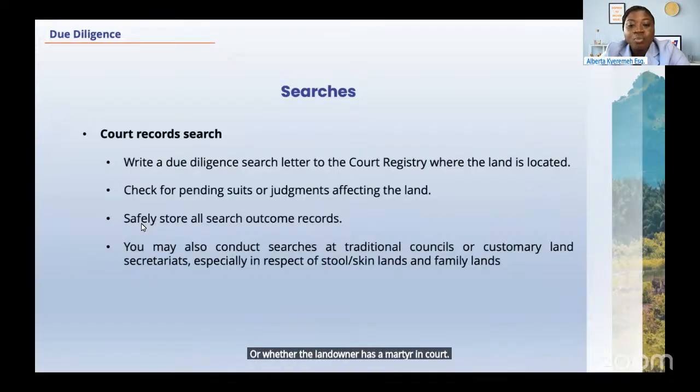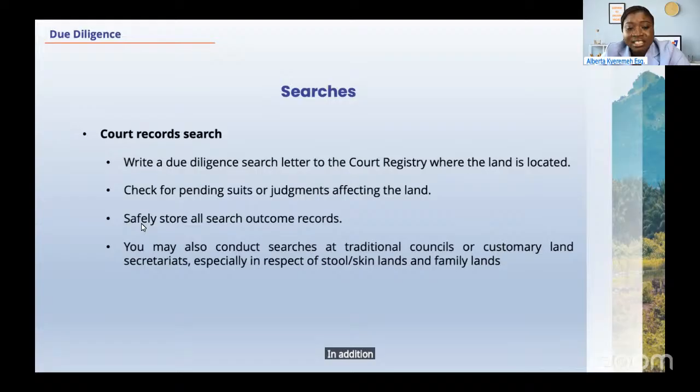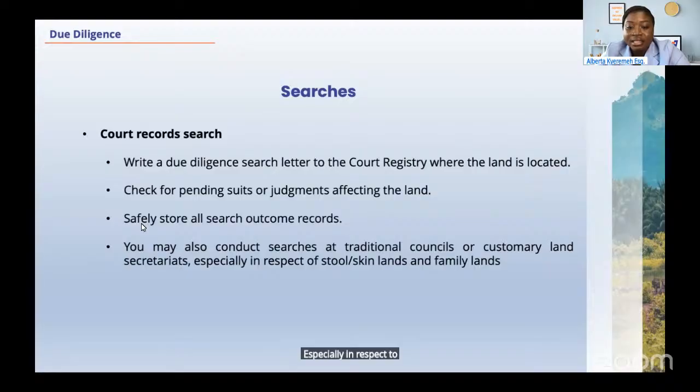This would help you to determine if anything is happening in court that can affect the title you are trying to acquire. In addition to court searches, you may also conduct searches at traditional councils or customary land secretariats, especially in respect to stool or skin lands and family lands.